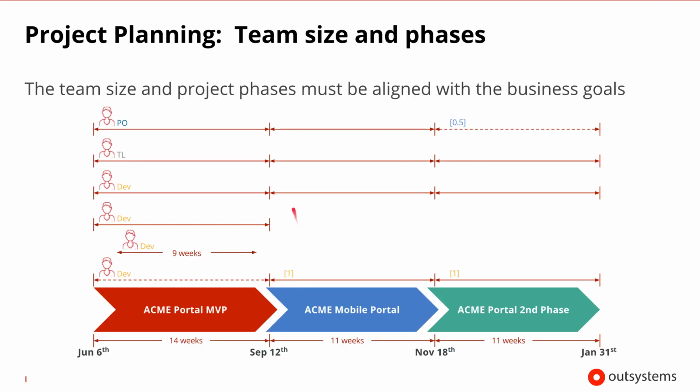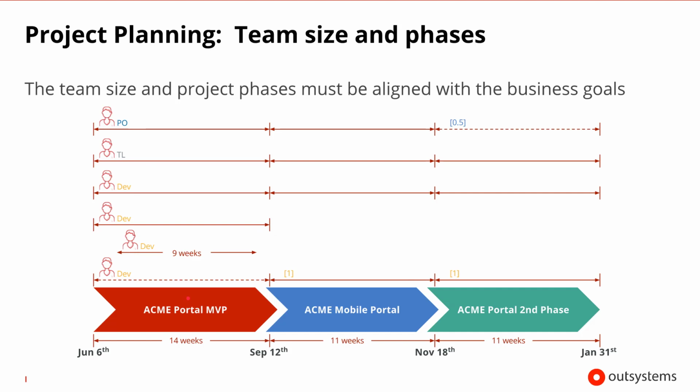So as we begin project planning, the team size and different phases of the project should align with the business goals. In this example, we can see that a second scenario is submitted in the business vision. We can see that there's a team structure and that the project is split into 3 different phases.